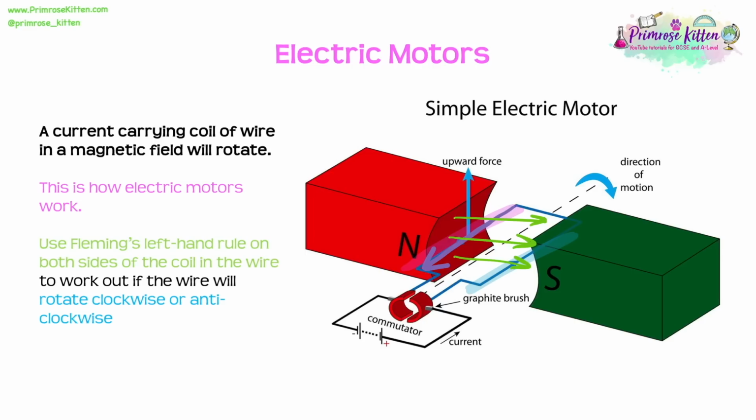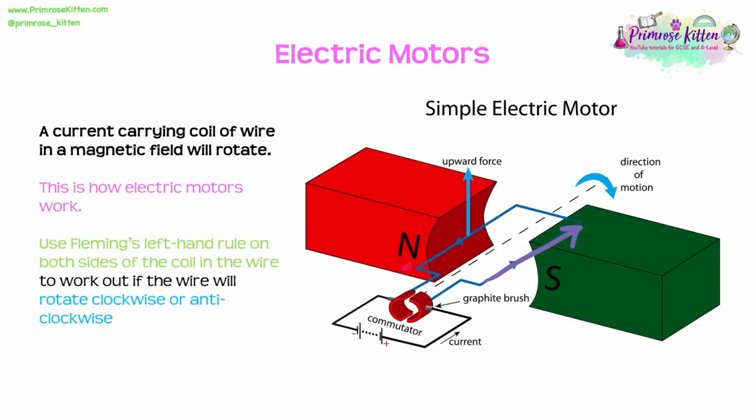Now let's do the exact same bit on the bit that I've highlighted in blue, the part of the wire nearer to the South Pole. So in this case here, let's clear some of these off. In this case here, you can see that the current is actually going in the opposite direction. It is now going away from us.